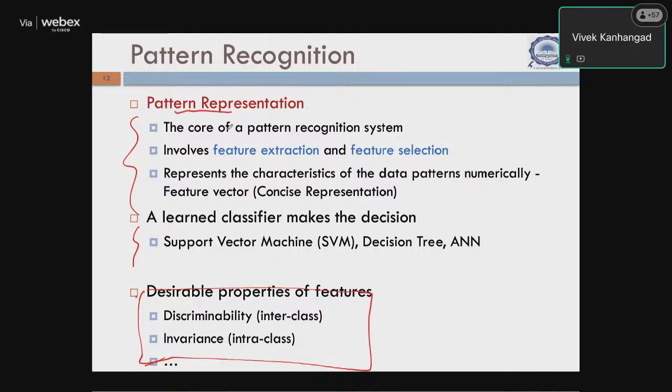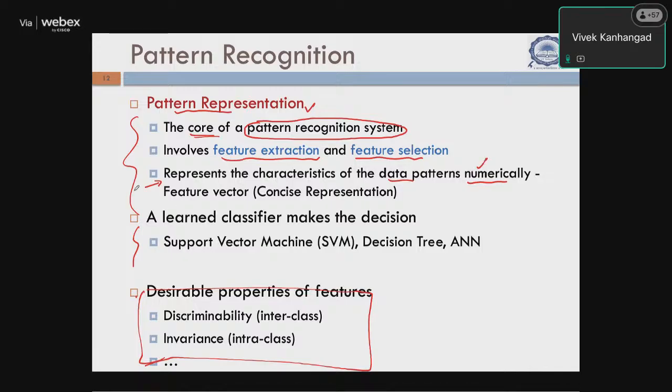Pattern representation is actually the most important component of your PR system. It's the core of the PR system, and it involves feature extraction and, if required, feature selection also. All the important information in the input data, it can be a signal, image, and so on, is concisely represented in numerical form, a numerical feature vector.